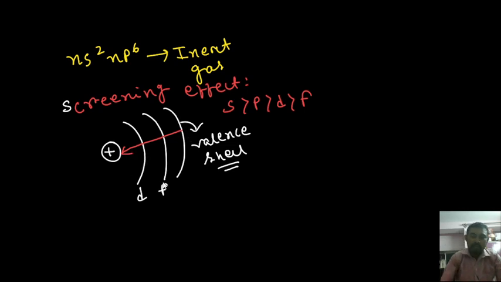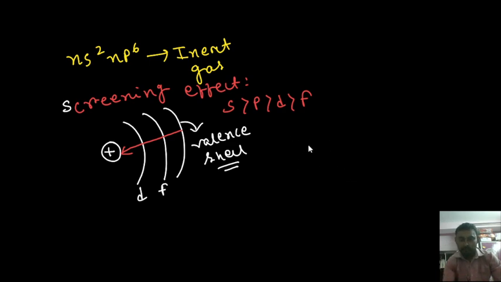So due to the presence of d and f electrons, those cations will polarize more, meaning the covalency will be generated more. So the pseudo noble gas cation will generate more covalency than the typical alkali metal cation.